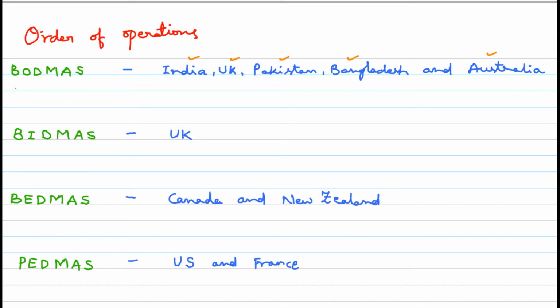BODMAS means B. B stands for brackets, and O stands for order, I mean exponential order, order of the exponential. D stands for division, and M stands for multiplication.